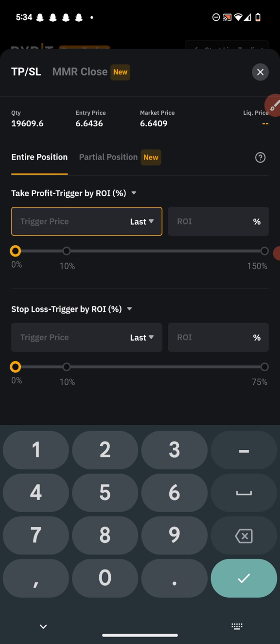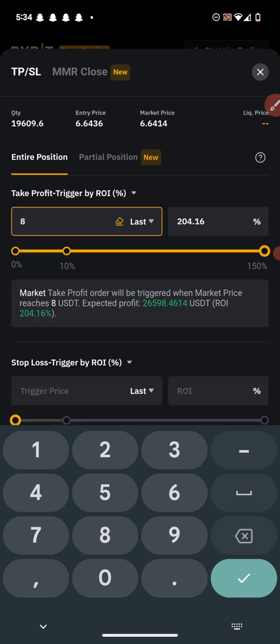Maybe you entered a signal, you are in the trade already, you want to set take profit. You can set 8. That simply means you are going to be having 204% at 8. When the price gets to 8, when TON pumps to 8, it is going to take profit for you.